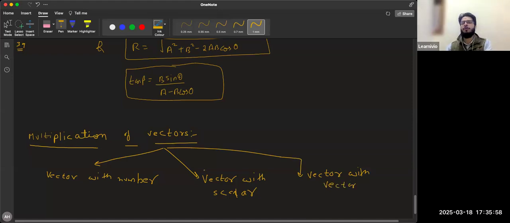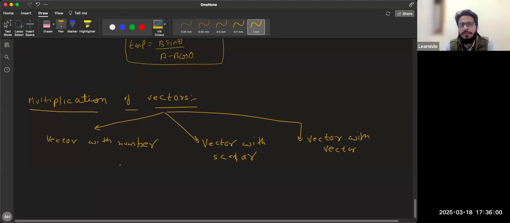So when you multiply a vector with a number, the final quantity will remain the same vector quantity. Let's say you have a vector A. You multiply this vector A with a number n. So this is nA, if this number is positive.